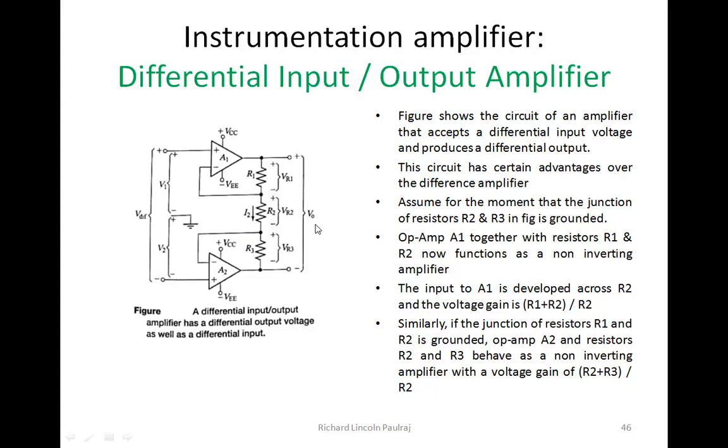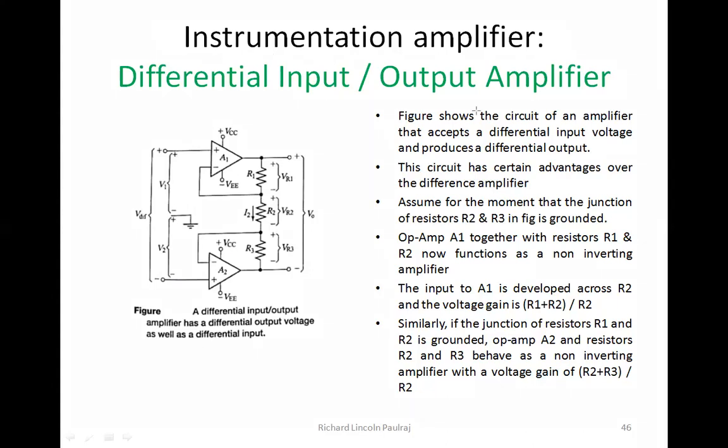So we call it differential input and differential output because it has two op-amps. So it's going to sense the difference between the inputs. Now let us see step by step how exactly it differs from your difference amplifier or differential amplifier.